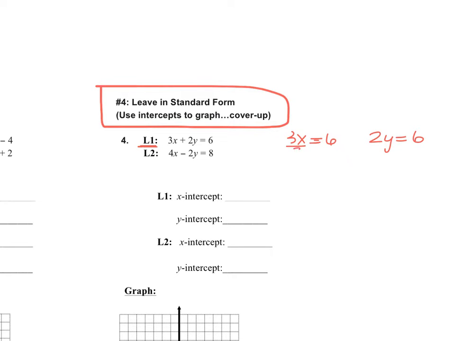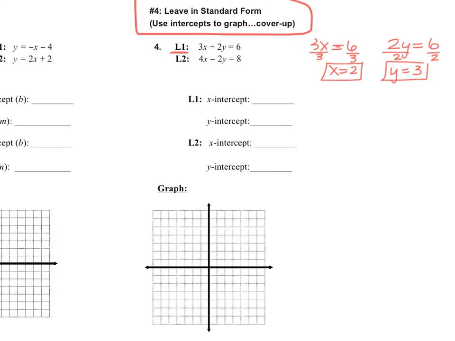Okay, so if I divide by 3, then I get x equals 2, and divide by 2, I get y equals 3. If I plot that, an x-intercept of 2 is here, a y-intercept of 3 is here. So I have those 2 points. I'm going to hold off on drawing the line in for now. I'll show you in a minute what that will look like.